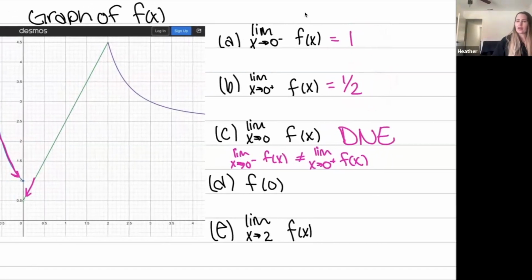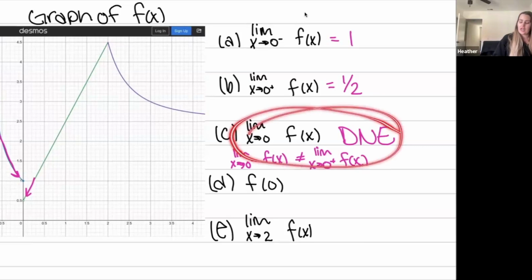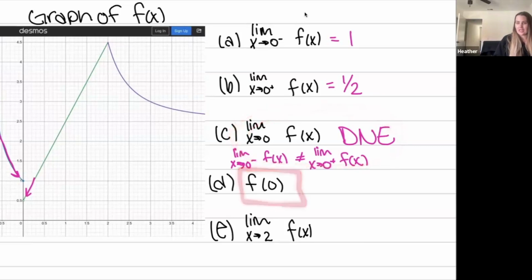We'll talk a little more about this in our discussion of continuity, maybe in a couple videos. But even if the limit doesn't exist, this value could exist, right? So this is asking for f of 0. I'm no longer taking a limit. I'm throwing it back to algebra. What is f of 0? Essentially, what is y when x is 0?